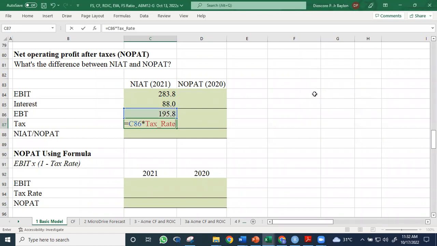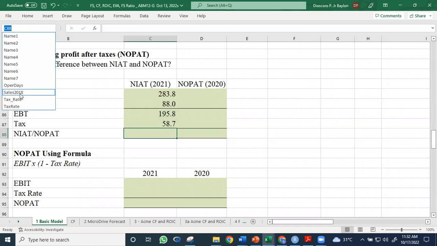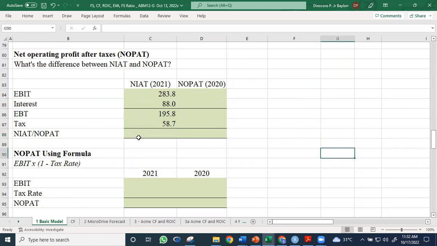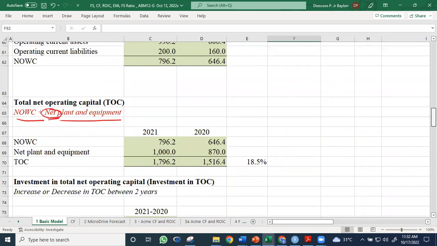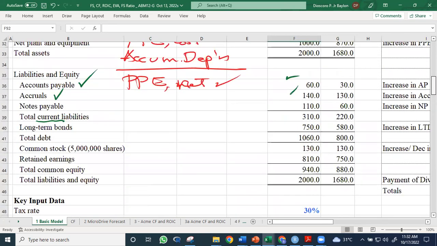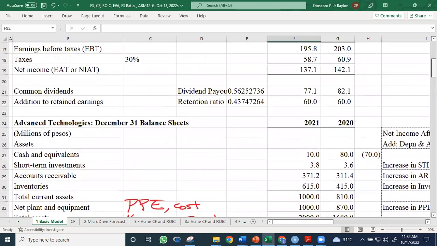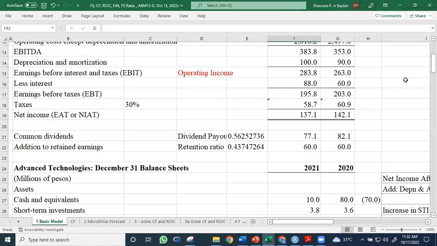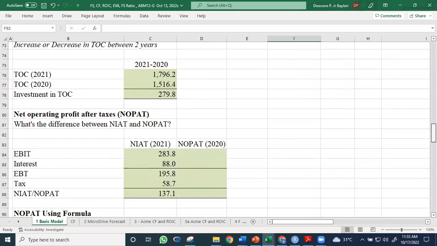Therefore, our net income after tax is the difference between EBT and tax, 137.1, which is exactly the same as in the income statement, right? 137.1 here.